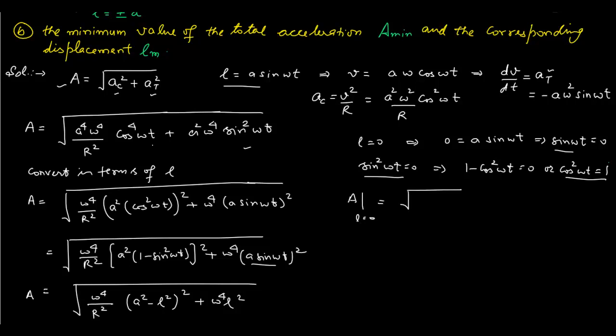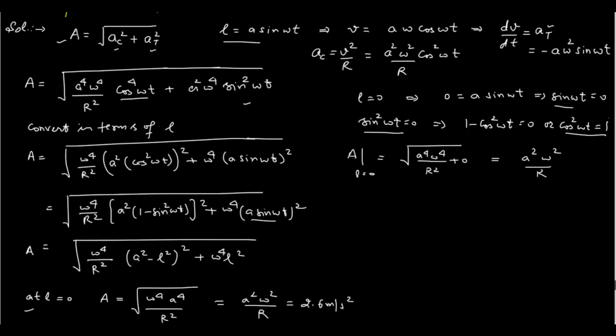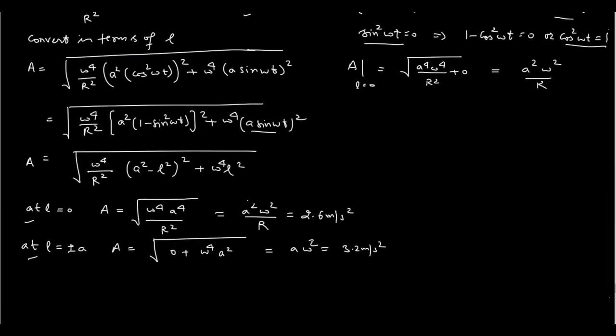This cos square omega t is equal to 1, so this is power 4, the square of 1 will remain 1, so we get A4 omega 4 divided by r square plus sine square omega t, this is 0 here, so we will get A square omega square by r. And this is the same result we have calculated here. See, A square omega square by r. So we will get the same result, 2.6 meter per second square.